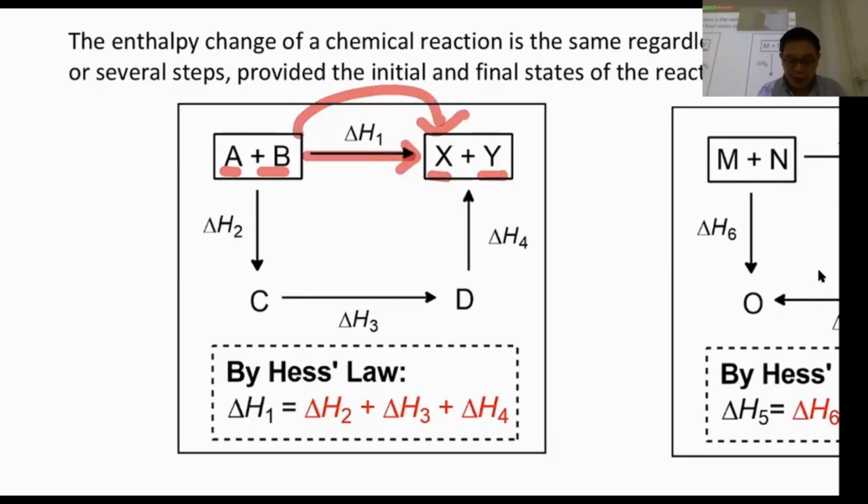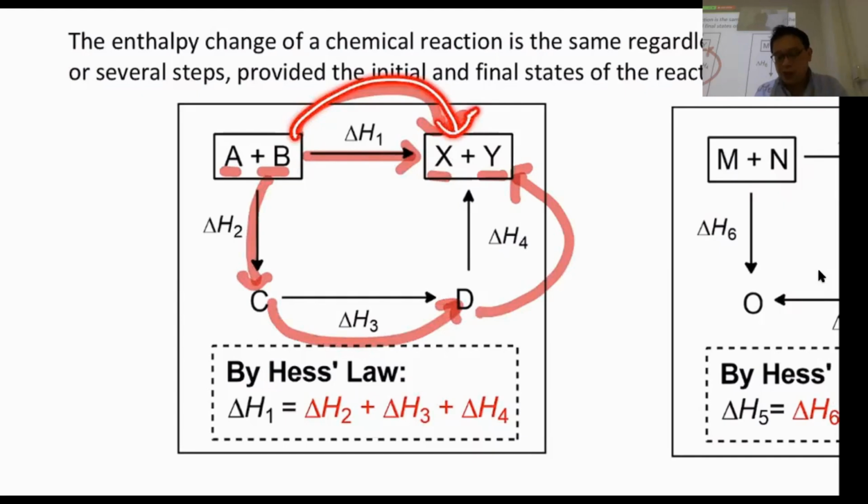The other way I can do it is I convert A plus B to C, C to D, and D back to X plus Y. So using Hess's law, it doesn't matter whether you go from A plus B to X plus Y directly, it is also the same amount of energy change as going from A plus B to C, C to D, and D finally to X plus Y.